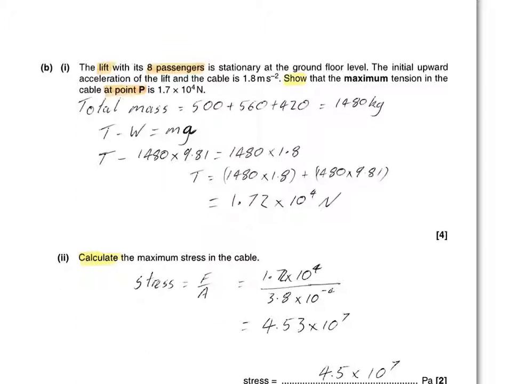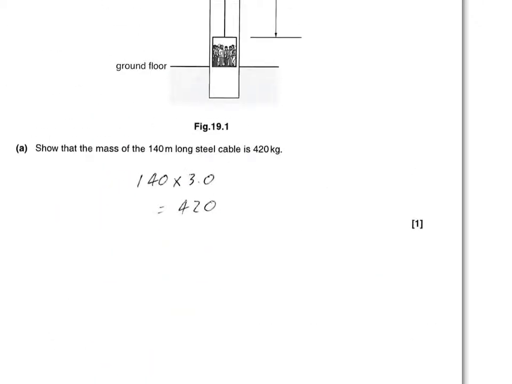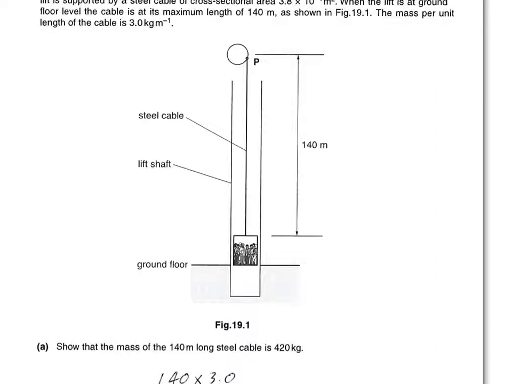So if we go back to the diagram again, I've got an acceleration upwards, so I'm looking for the net force in the upward direction, and upwards I've got the tension in the cable. It's the tension in the cable, the pull at point P, if you like, that's actually causing that acceleration. So that tension in the cable is upwards, but I've also got the weight of those objects going downwards.